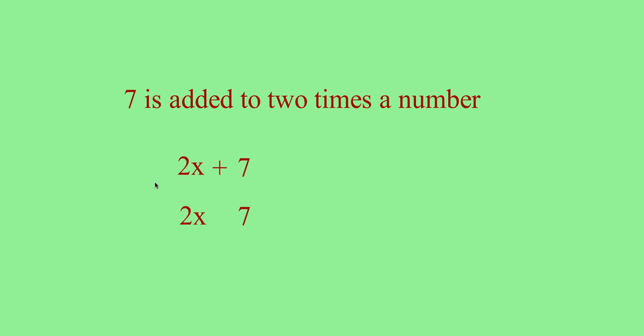Here we connected 2x and 7 by a symbol plus. So 2x and 7 we can call terms. Here instead of a number we took x, so x we can call a variable.